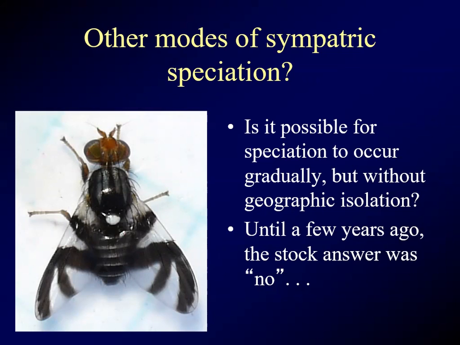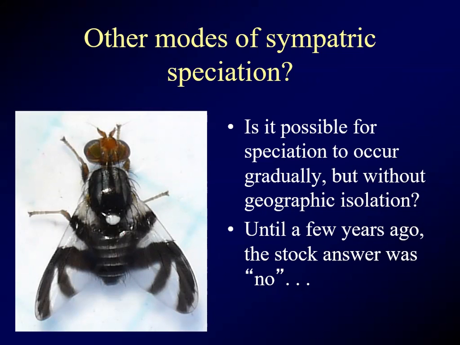The question used to get asked a lot was, is it possible for speciation to occur not by chromosomal hijinks, but just gradually by good old-fashioned variation plus selection, without a geographic barrier, without a population getting split either by dispersal or vicariance?